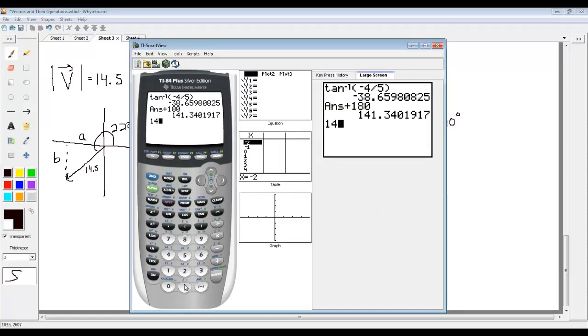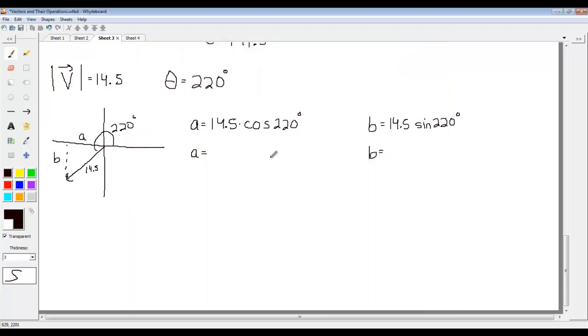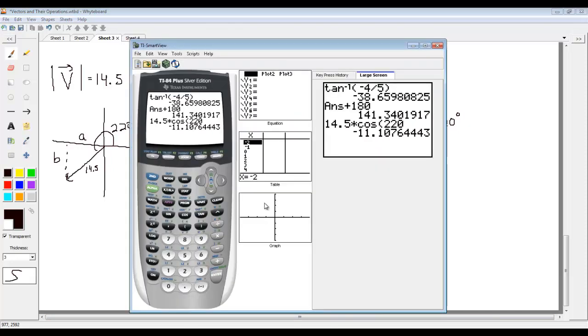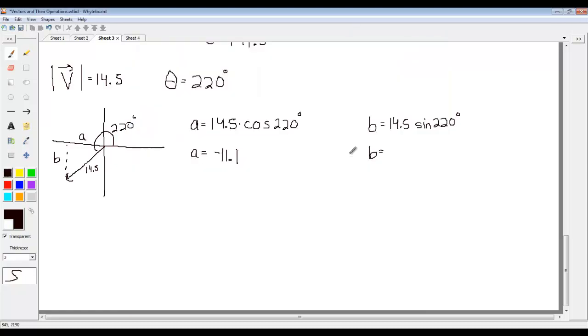So 14.5 times cosine 220, and we get around negative 11.1. And then 14.5 times sine of 220, and we get around negative 9.3.